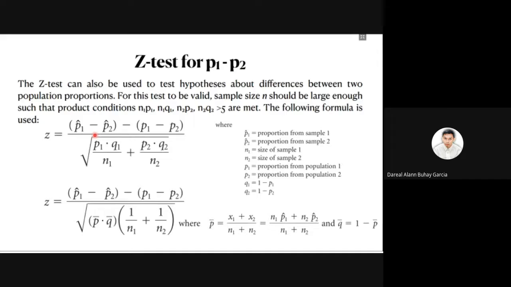The central limit theorem states that for large samples, meaning each of the products of P and Q with their n's should be greater than 5, are met.